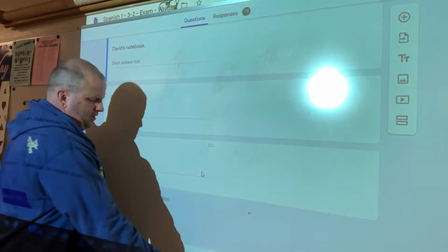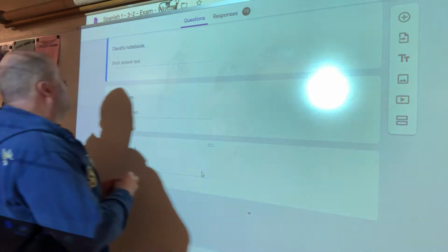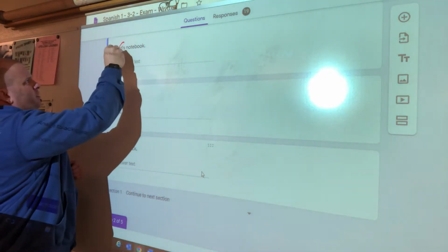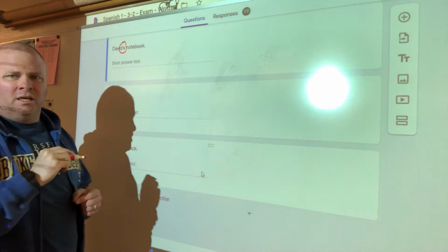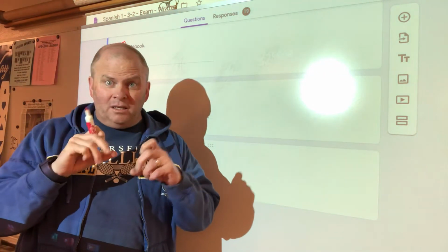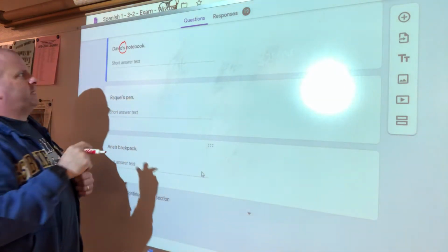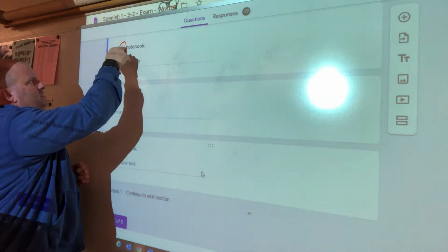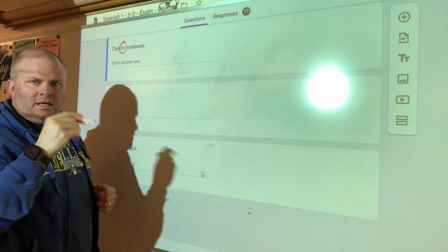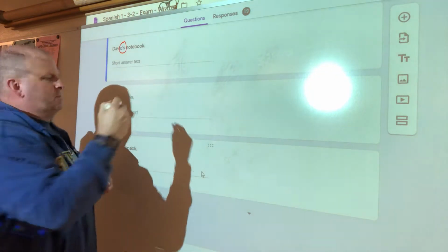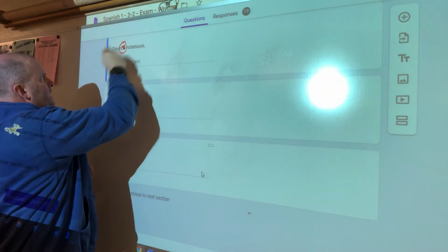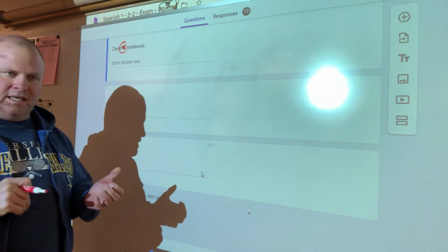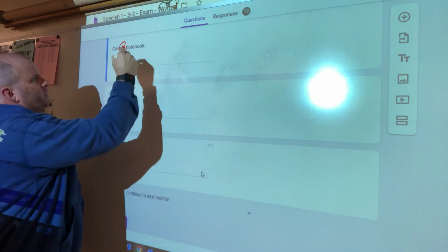This first section was dealing with possessive adjectives. In English, we use the apostrophe S to show possession, like David's notebook, but we can't use that in Spanish. That doesn't exist. Remember, we only use the S to make it plural, not to show possession. So we have to rewrite this.